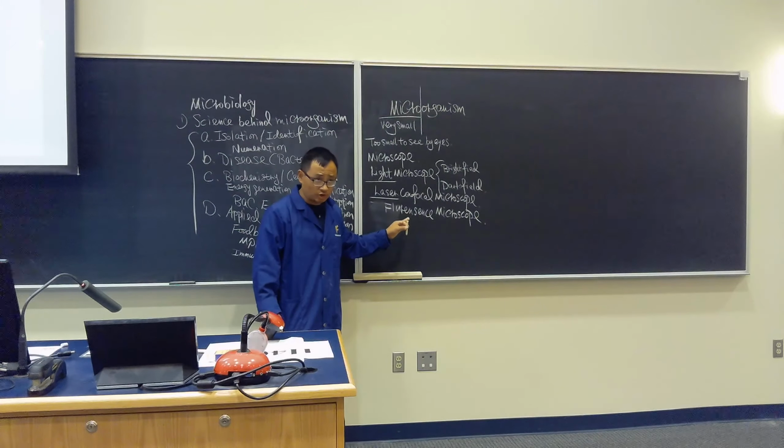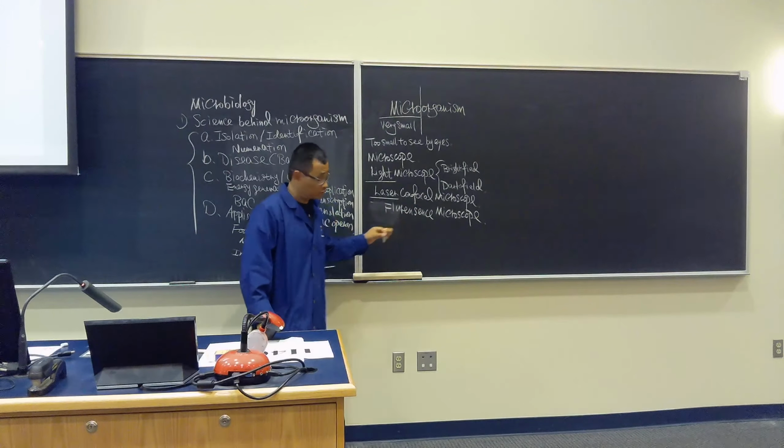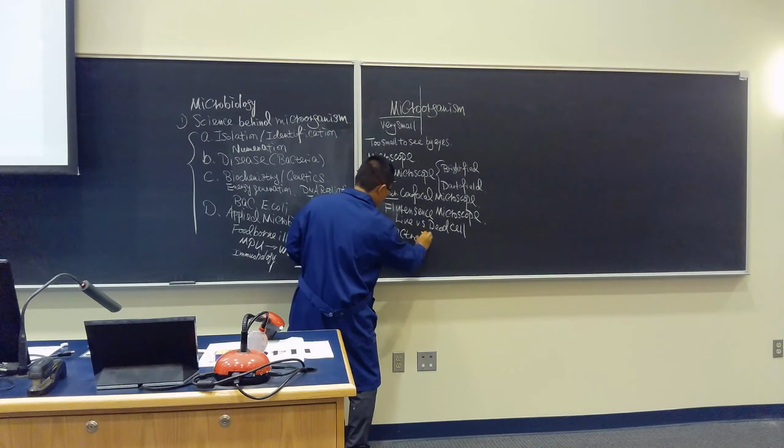And you can differentiate live and dead cell. That's very important. Live versus dead cell. Okay, now what else we have? Light field microscope, laser confocal microscope, fluorescence microscope, and the last one, electron microscope.